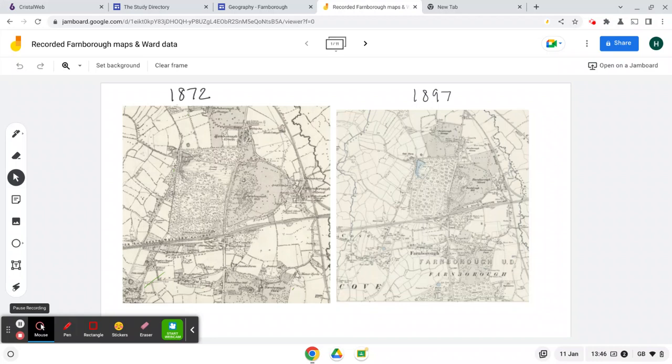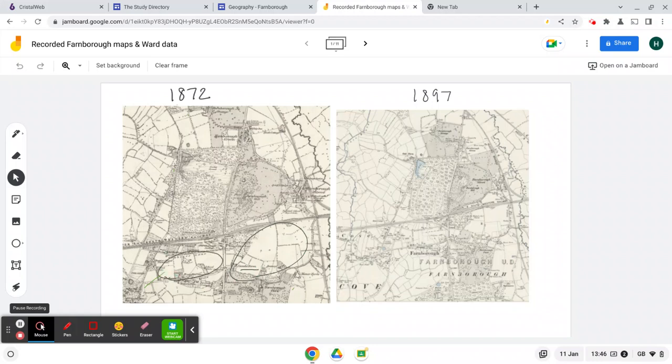So the first thing to notice is we've got lots of farmland. So you can see down here, we've got Coombe Farm. We've got lots of farmland around here.